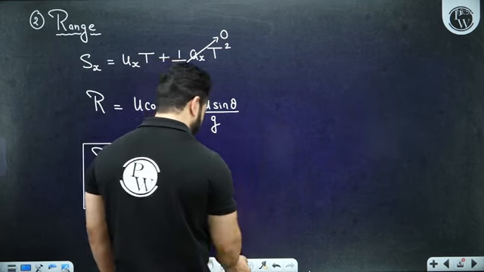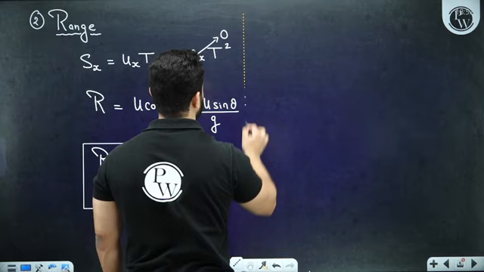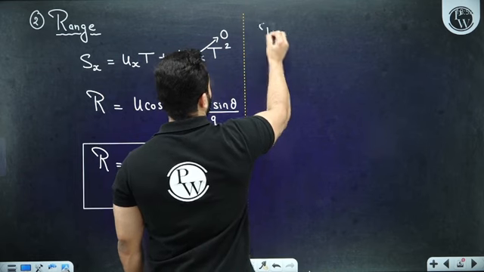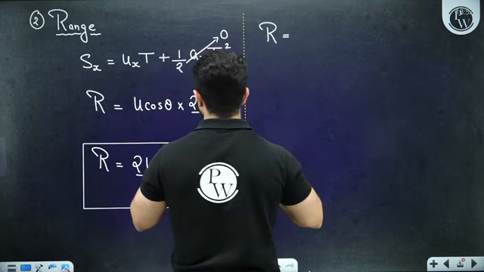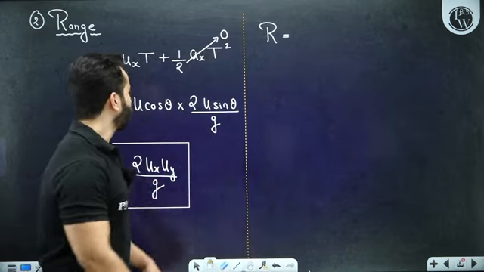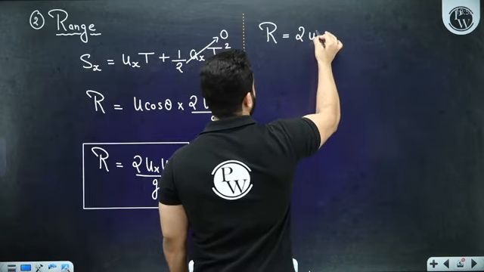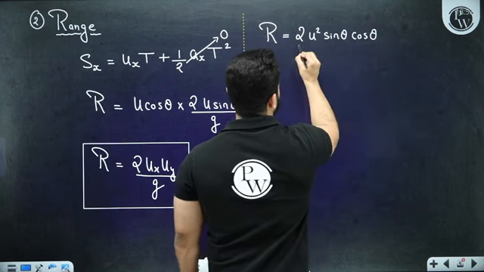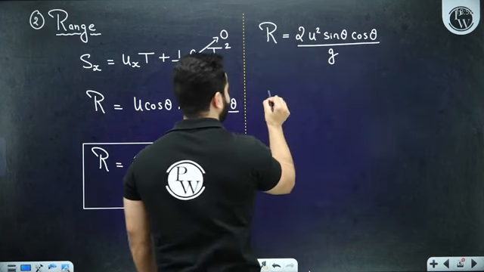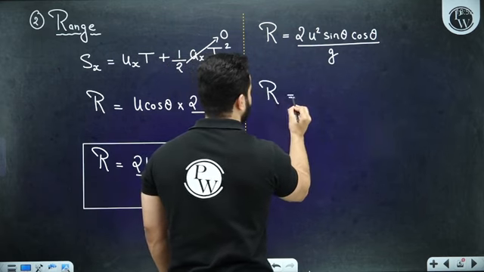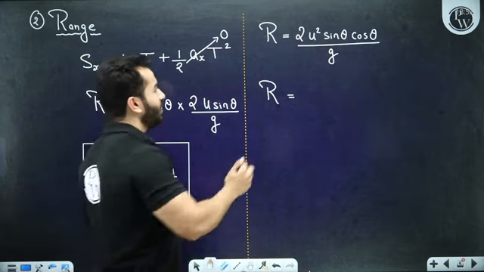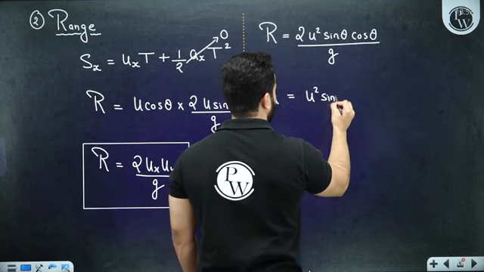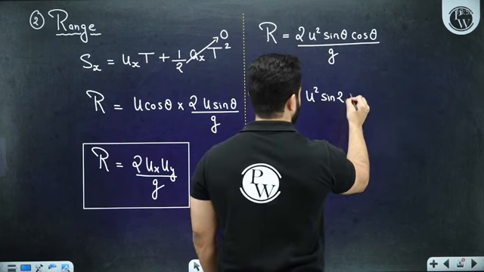Another formula can be, range can be written as, now please see, I can also rewrite it as 2 u square sine theta cos theta by g, and then using a slight trigonometric manipulation, instead of 2 sine theta cos theta, I'm going to write sine 2 theta. So I'll write it as u square sine 2 theta by g.